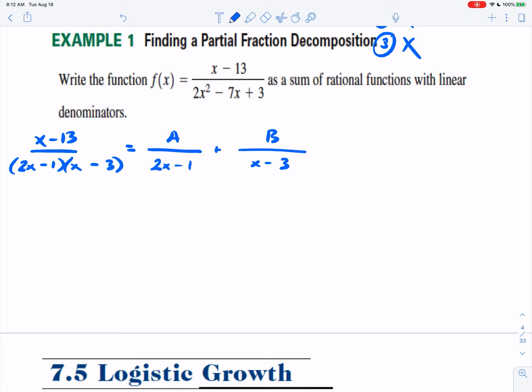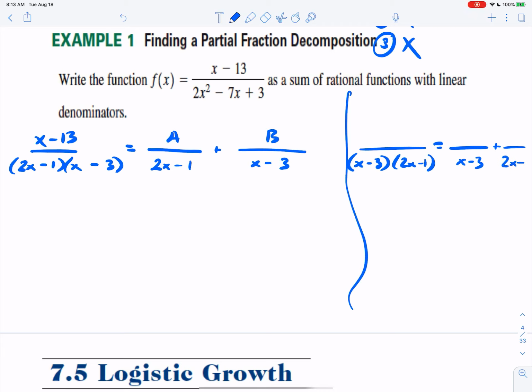I want you to keep in mind, just a side note, you don't have to write this part down. If on the left side you wrote x minus 3 and then 2x minus 1, your right side would look like x minus 3 and then 2x minus 1, right?